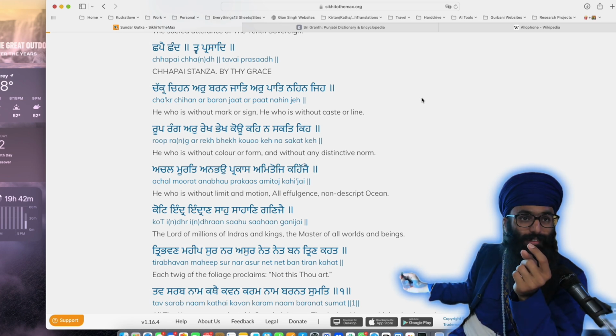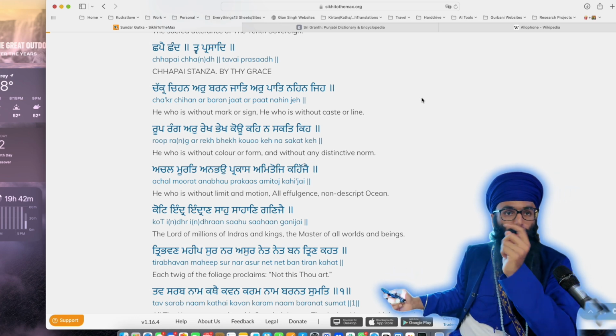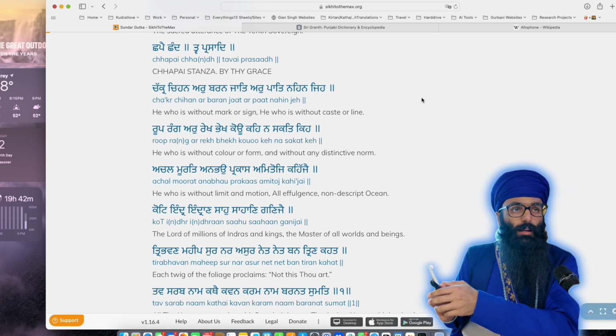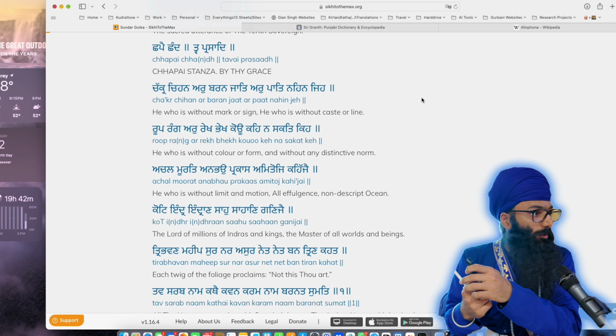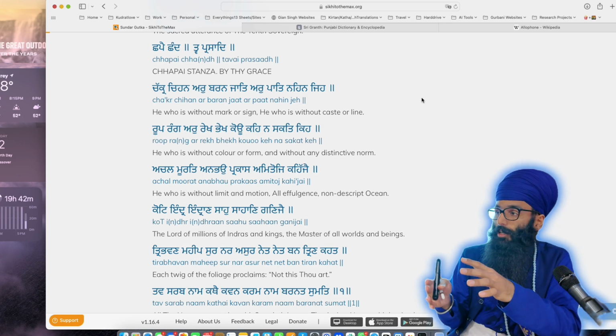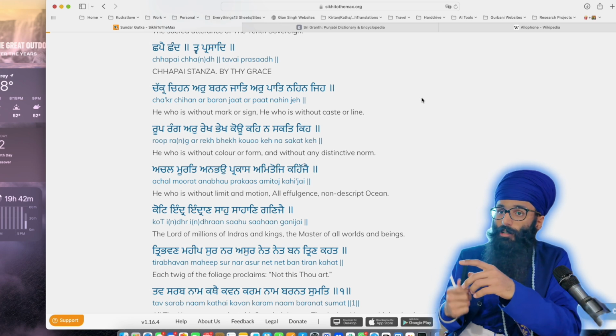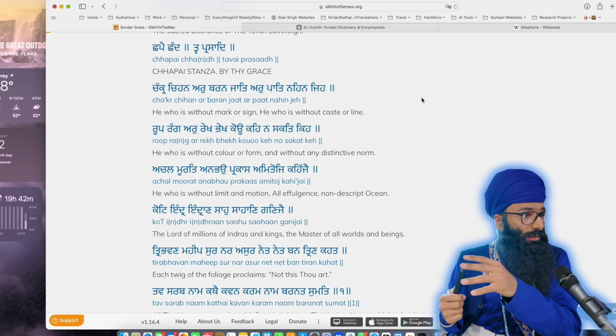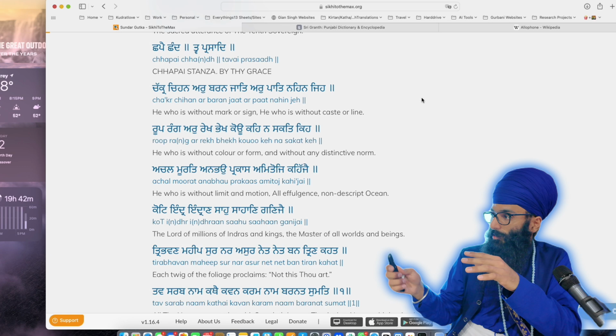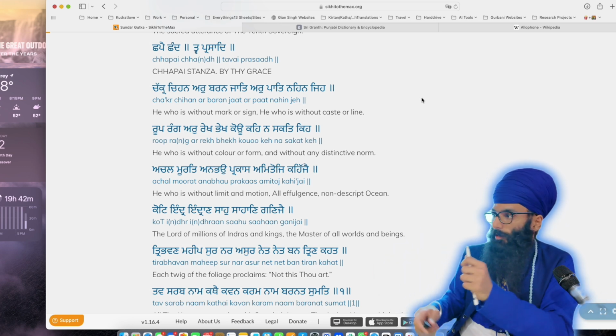What is this language actually that it's written in? Okay, you weren't here yesterday, Benji? I was. You were, okay. So for anyone that wasn't here yesterday, we talked about Jaap Sahib having 7 definitive languages that we understand. We talked about Arabic, Urdu, Punjabi, Sanskrit, Hindi, Braj, and so on and so forth.